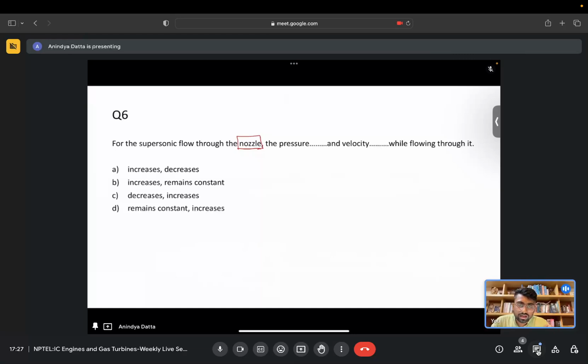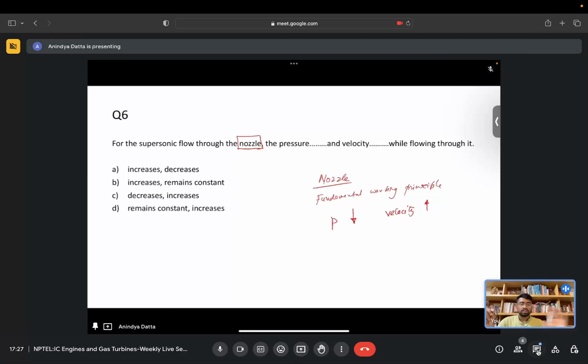So the fundamental principle of a nozzle is that pressure will decrease and velocity will increase.